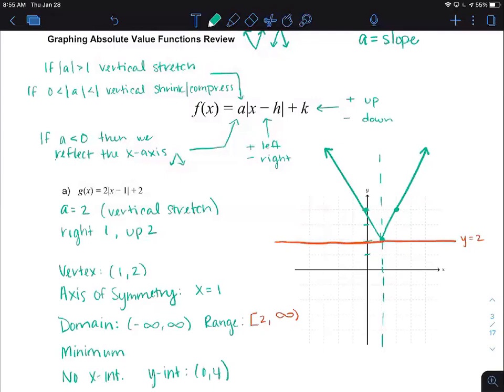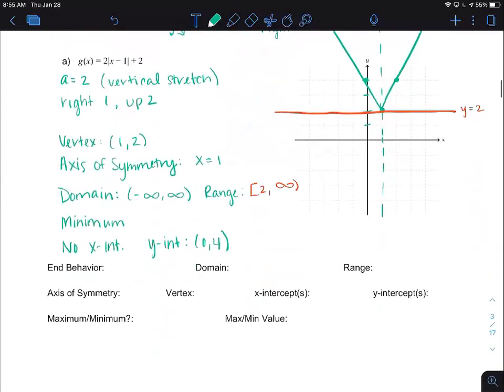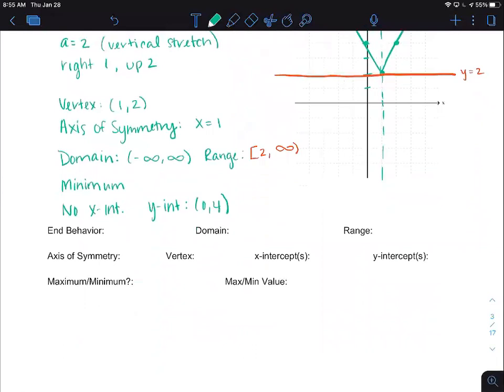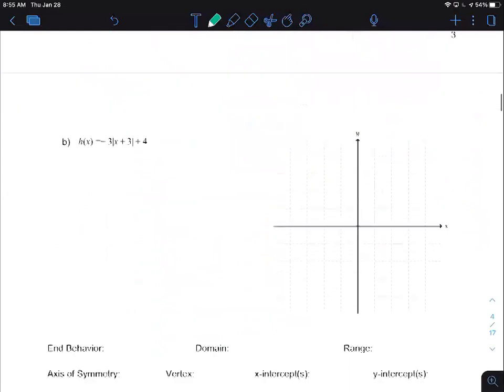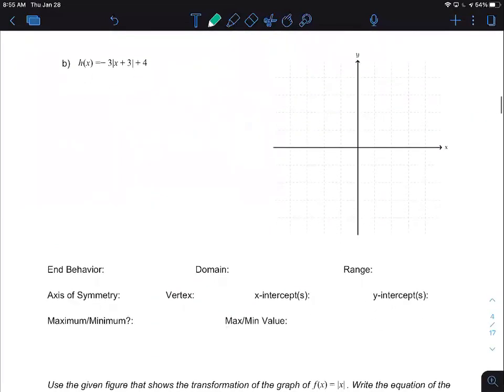Okay. All right, and I just filled all that out. Sorry about that. Let's see, did I figure out anything? Oh, end behavior. So end behavior, that's our arrows, or we can write up, up. Okay. Sorry about that.